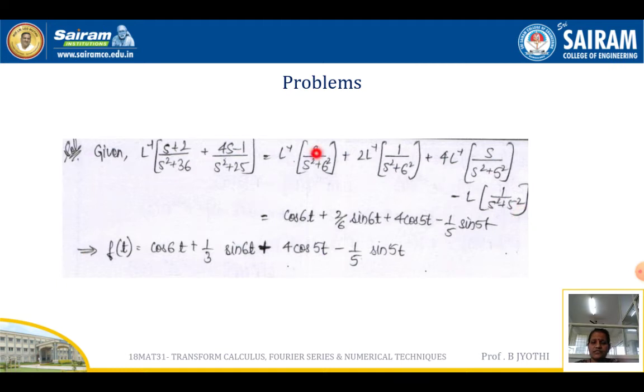So for the first term we get cos 6t. For the second term, since we don't have 6 in the numerator, 6 has to be multiplied and divided. Then we get 2 by 6 into sin 6t plus 4 cos of 5t minus, again here also 5 is not there in the numerator for the last term, multiply and divide by 5, we get sin 5t by 5.